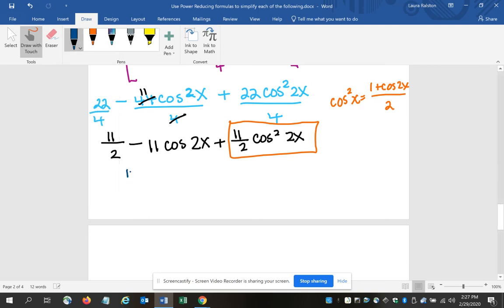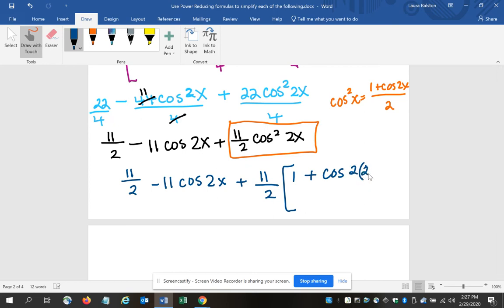So we're going to have 11 over 2 minus 11 cosine 2x plus 11 over 2 times, and I'm going to use my cosine squared power reducing formula. So I'd have 1 plus the cosine of 2 times my variable. My variable is 2x, all over 2.